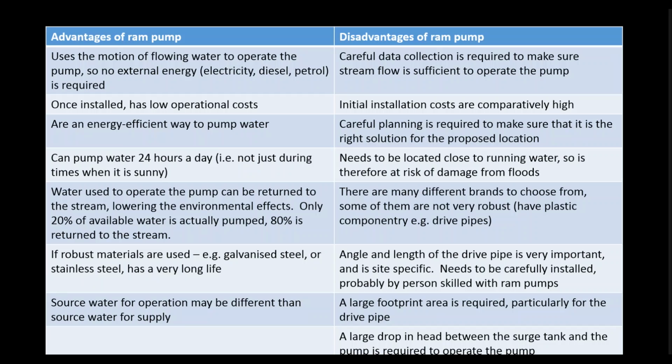You need to plan carefully to make sure that it's the right solution for that location. You could see that the drive pipe is very long, and particularly in a situation where you have two pumps, you've got pretty much twice the length for that drive pipe. So you need a big footprint, and it needs to be straight. That drive pipe has to be in a straight line on a very specific angle to make the pump work.